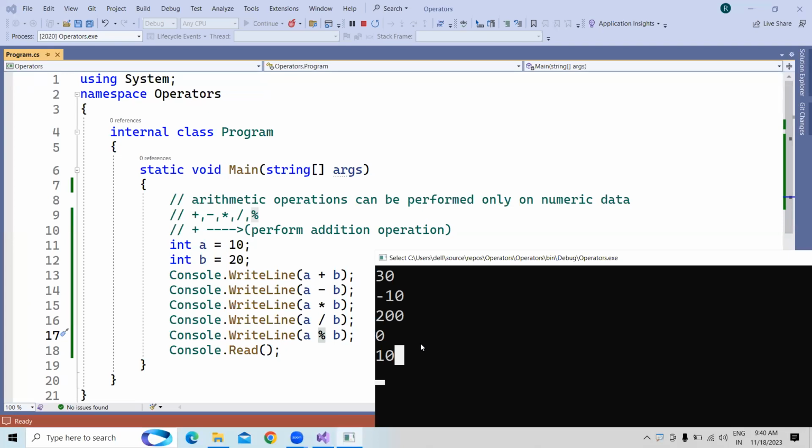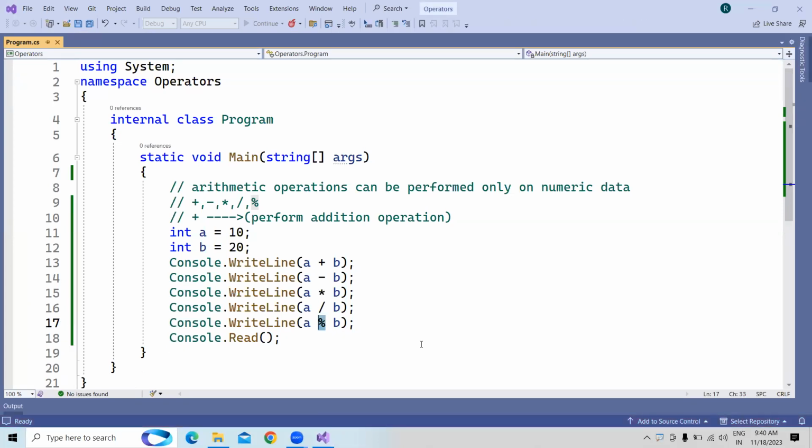Now you need to understand one important point here. Whenever you take two operands which are integers, and you perform division of these two integer numbers, the result will be an integer only. The division operator gives a result that depends on the operands you use.